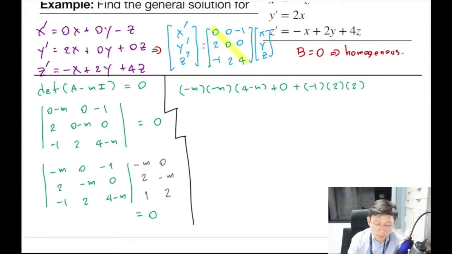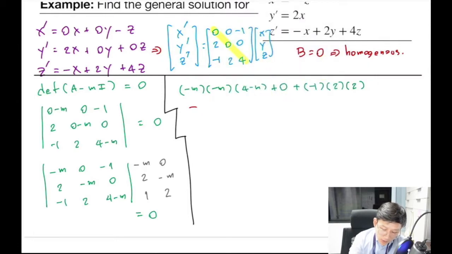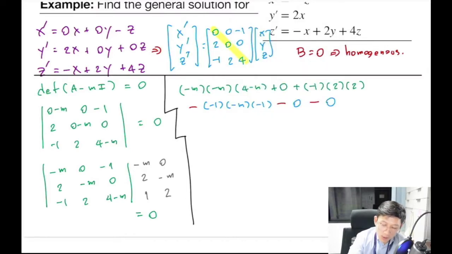After that we multiply up, so we need to get minus, and then it is minus 1 times minus m times minus 1, and then minus 0, and then minus 0 again, because here you come across 0 as well, and this equals 0.